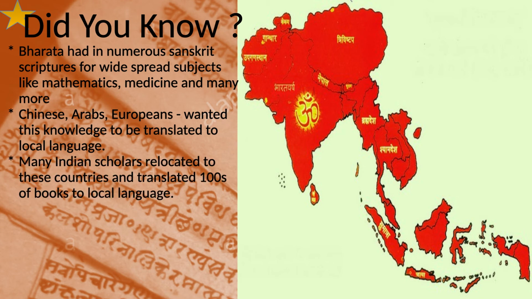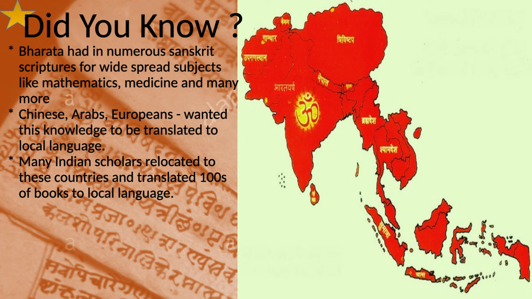So the kings of those countries, China, Arab, Europe, wanted to translate as much knowledge as there is in Sanskrit to their local language.